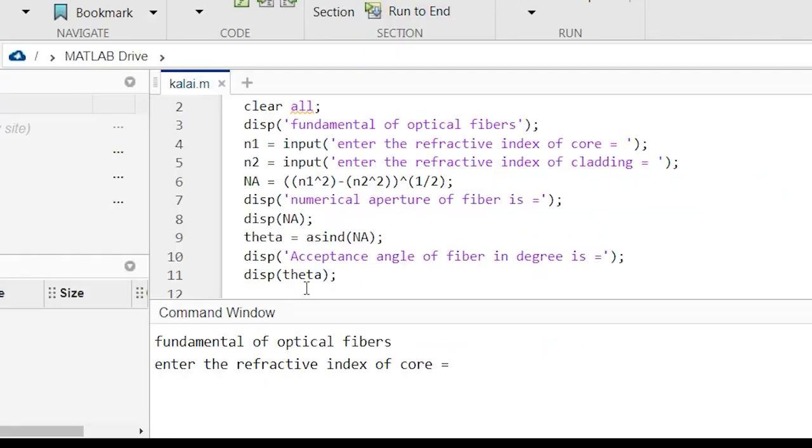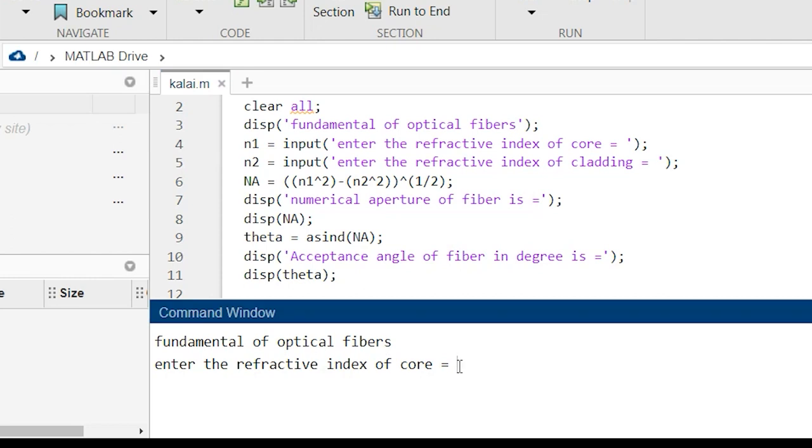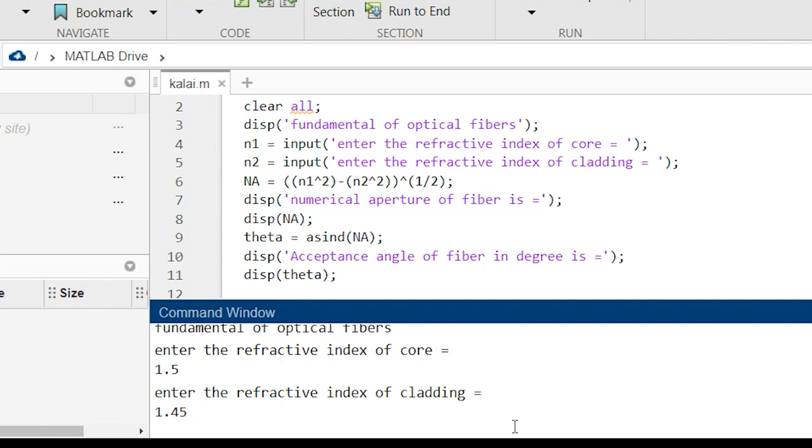So if we run this program, you will get the prompt to enter the value of index of core. I am going to give the value as 1.5. Again it is asking for the refractive index of cladding. I am going to give the refractive index of cladding as 1.45, which is slightly lesser than core's refractive index.